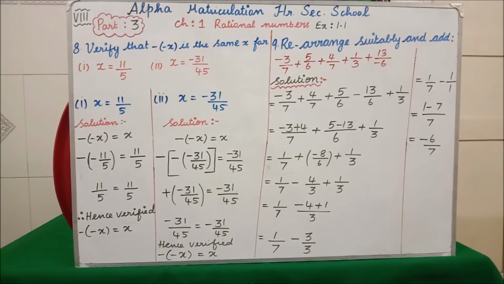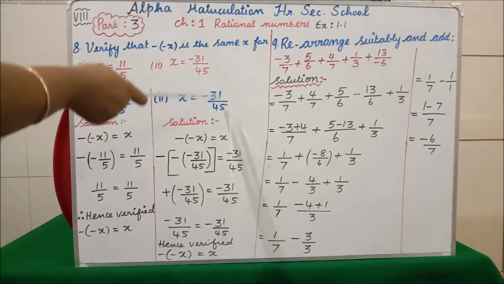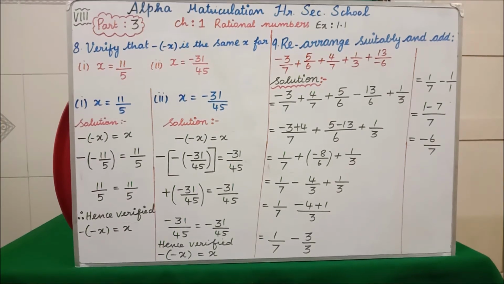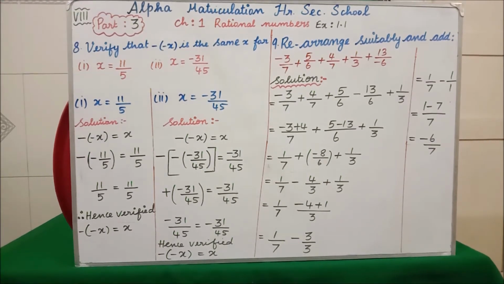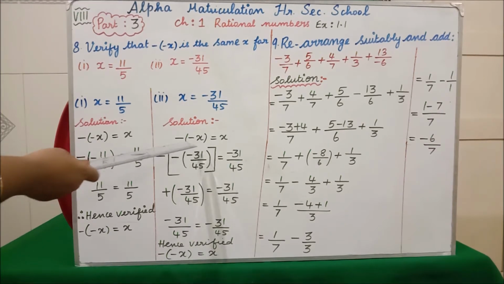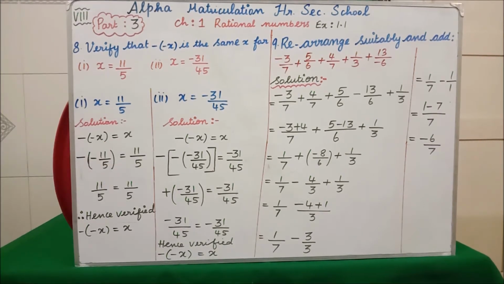Now we will see the second substitution. x is equal to minus 31 divided by 45. The same we are going to verify in this problem also. What is that? Minus of minus x equal to x we are going to say. So I have written minus of minus x equal to x.